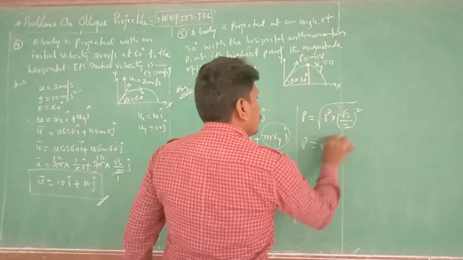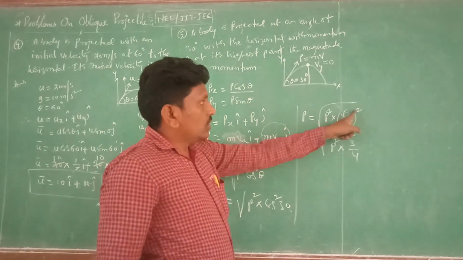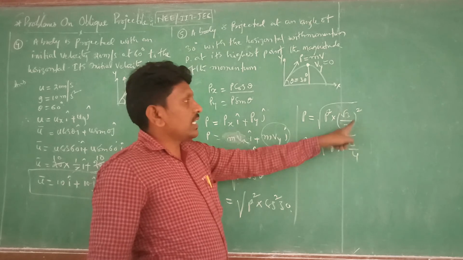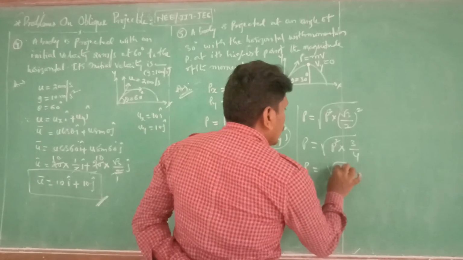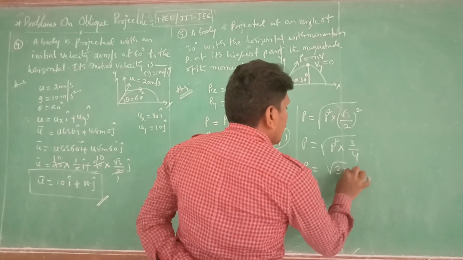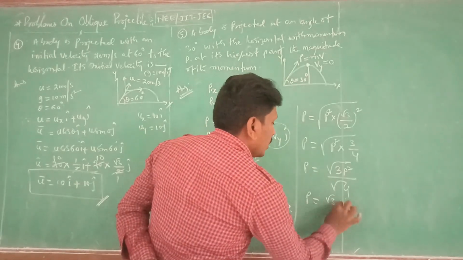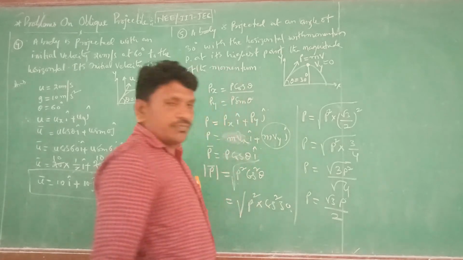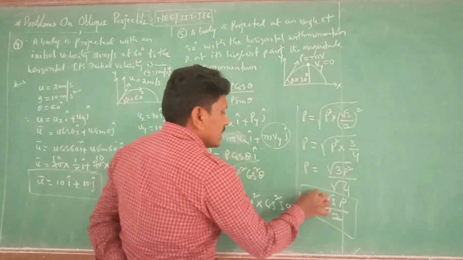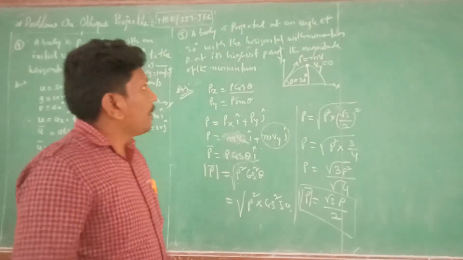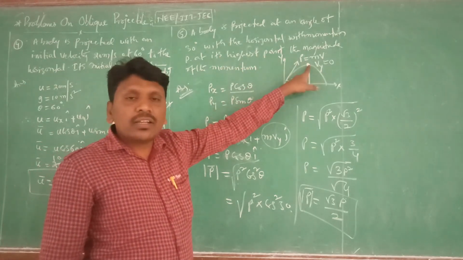That is p equal to square root of p square into 3 by 4. The root and square get cancelled, 2 to the 4. This is root 3 p square by root 4. You can write this as root 3 into p by 2, otherwise root 3 by 2 into p. This is the magnitude of the momentum at the highest point on the trajectory.